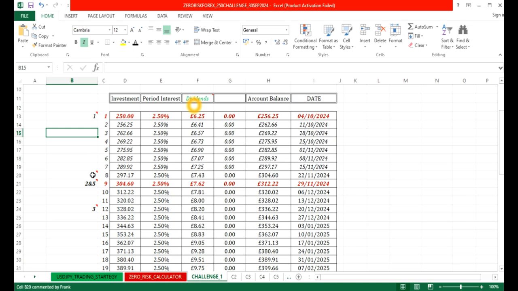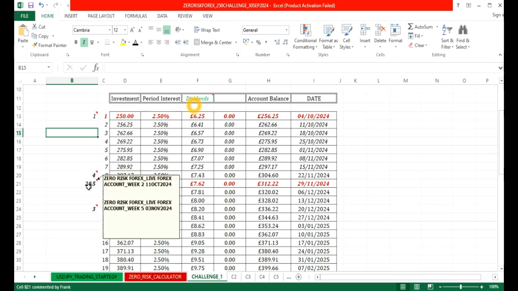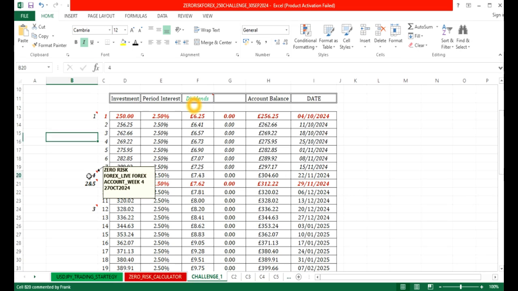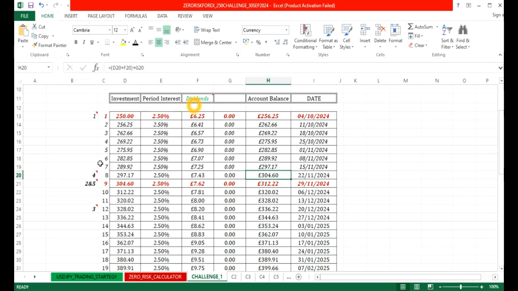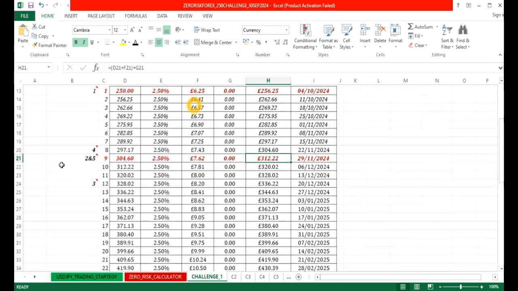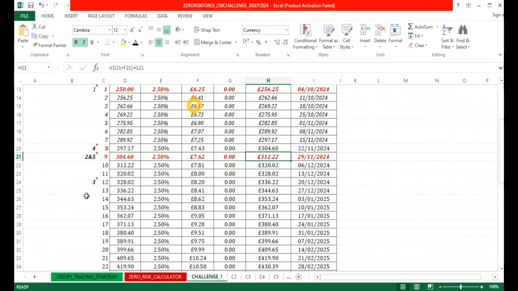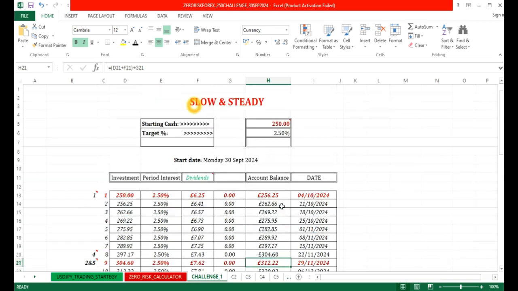Week 4, we took a 10% loss, which means the market went down. Don't forget, we don't close trades. So basically, the market pulled back. This week, week number 5, it's made some progress back to there. And hopefully, by week 6, when I'm making the video this time next week, we'll have made further progress.